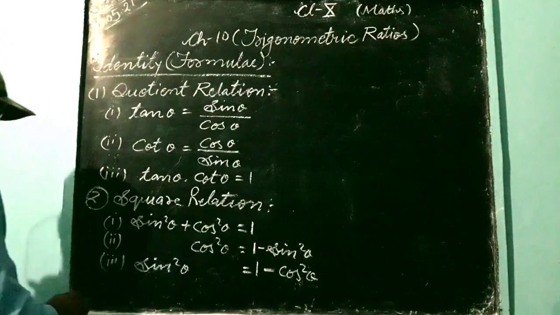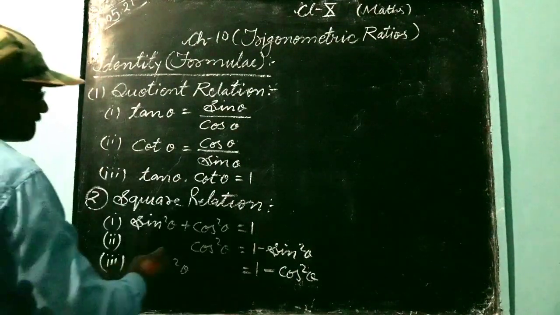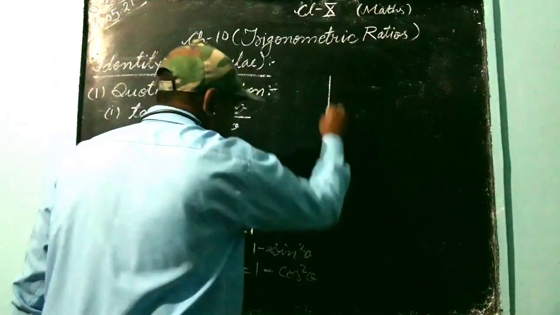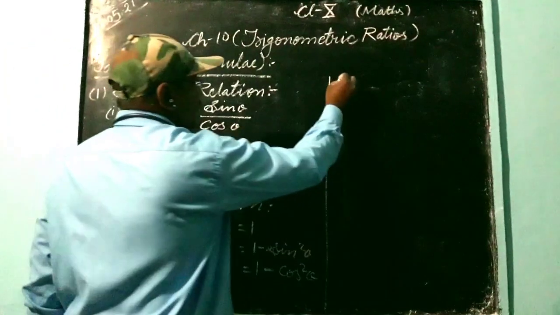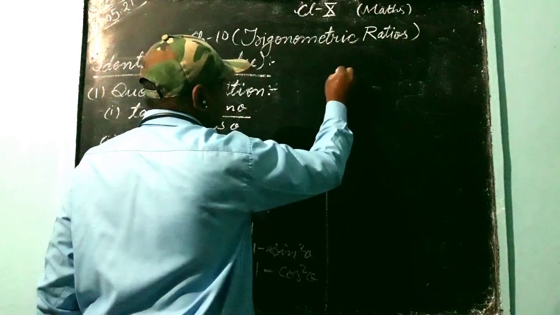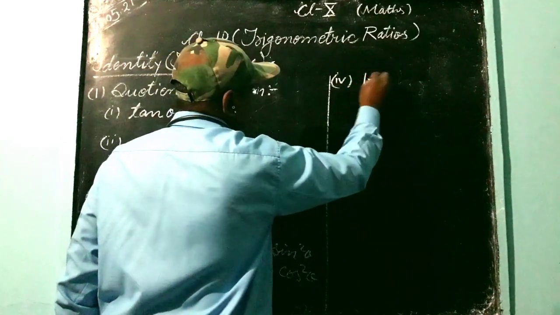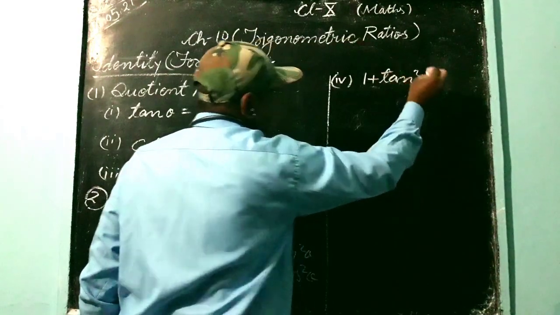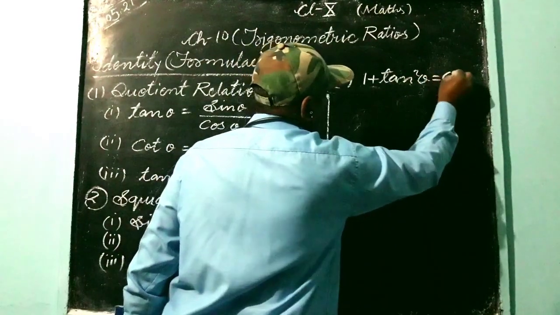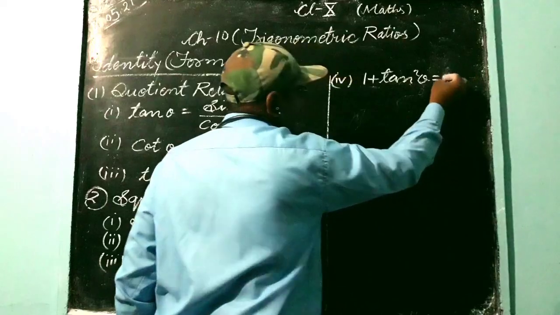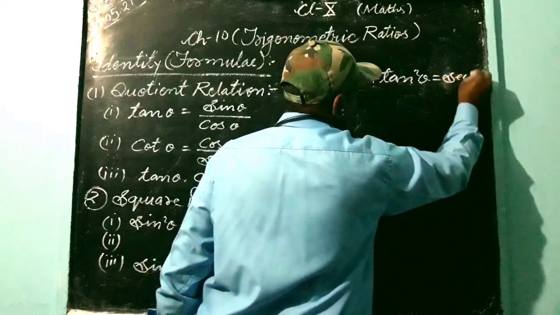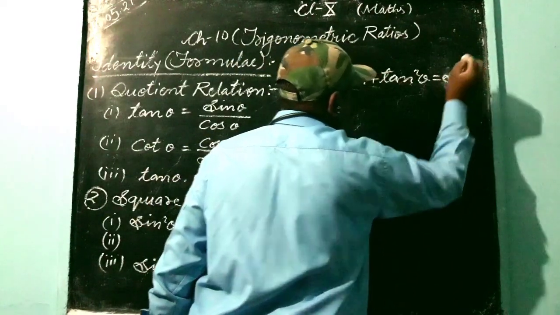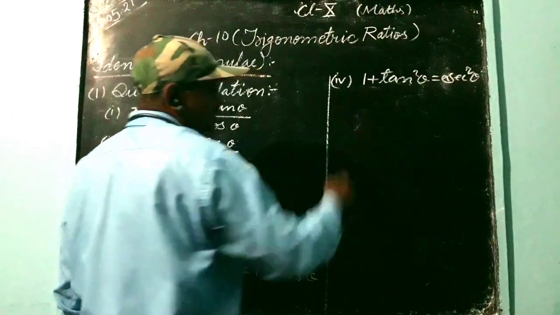After that, the fourth part: 1 plus tan square theta is equal to sec square theta. From this you can make two other parts.